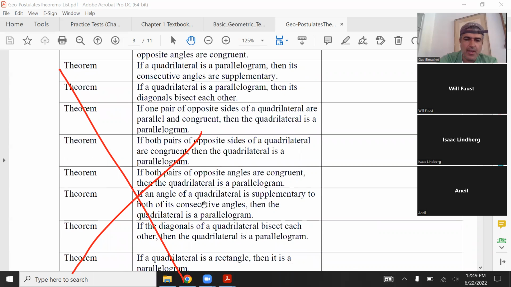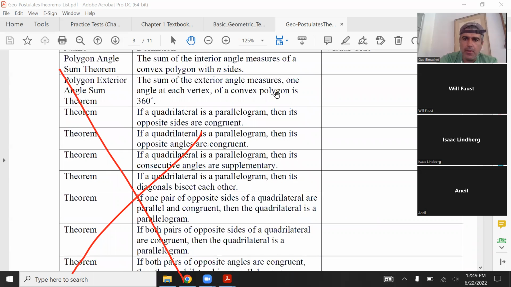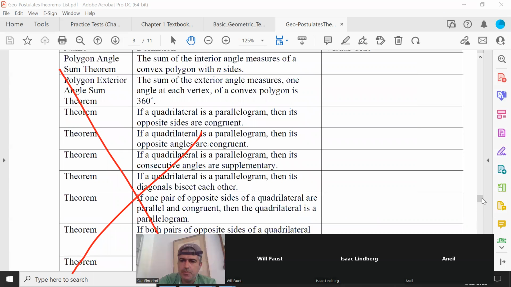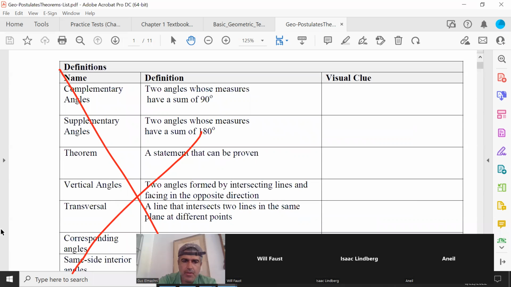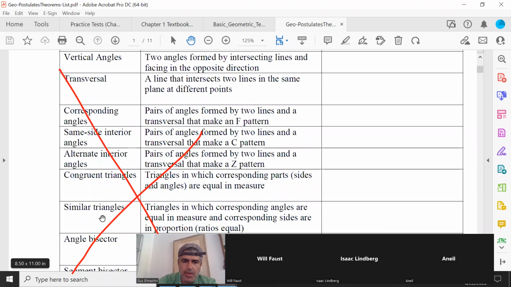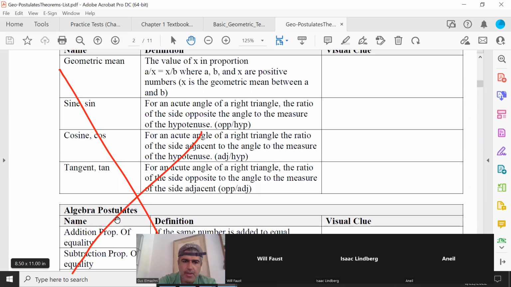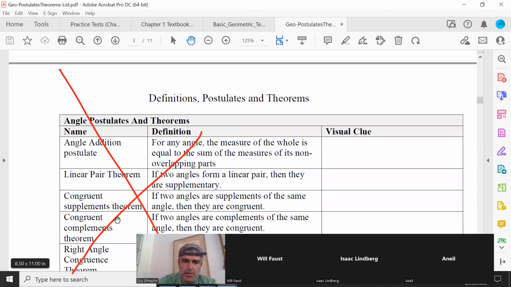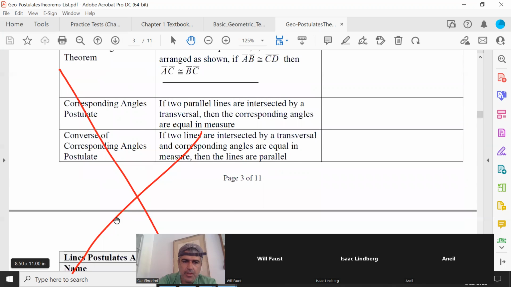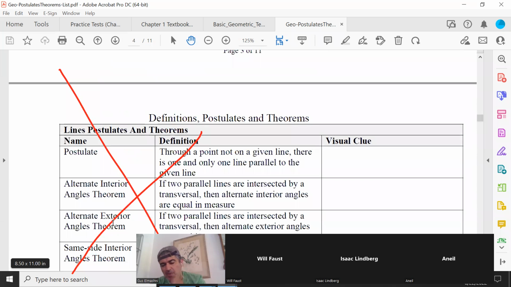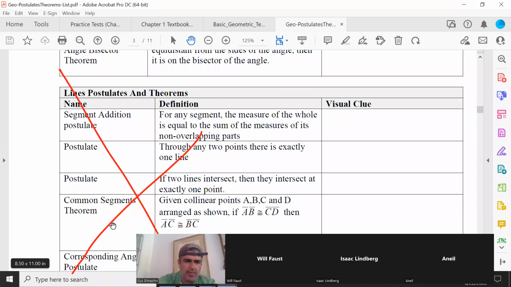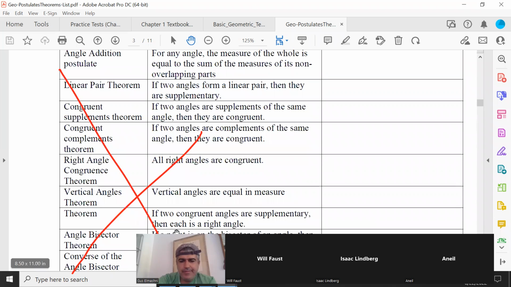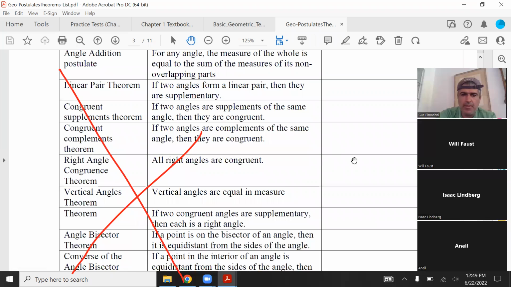So really you're only going to focus on a portion of page 1, a portion of page 2, and a portion of page, actually I think all of page 3. Yeah, so that's all. I mean, we haven't really done enough yet. The rest is just more of a reference.